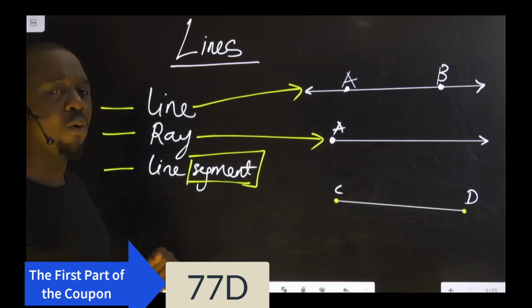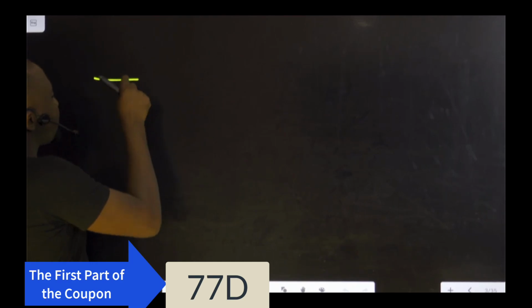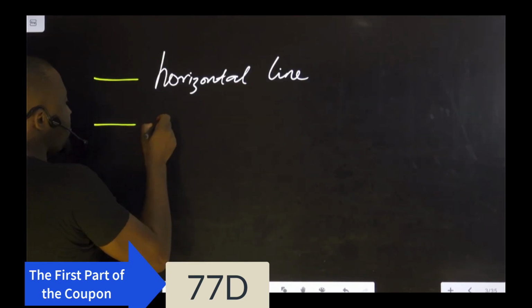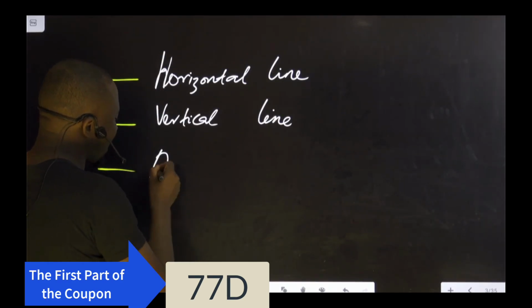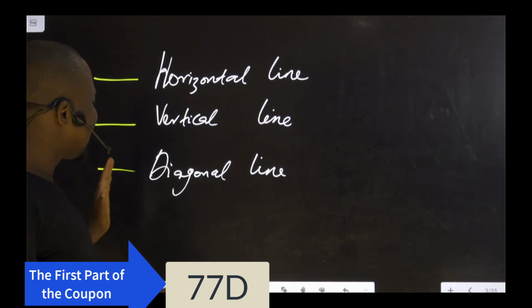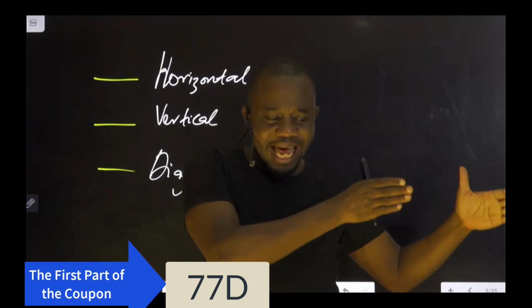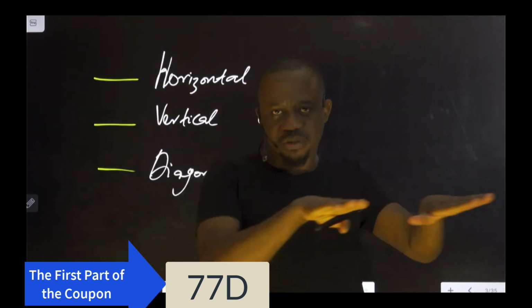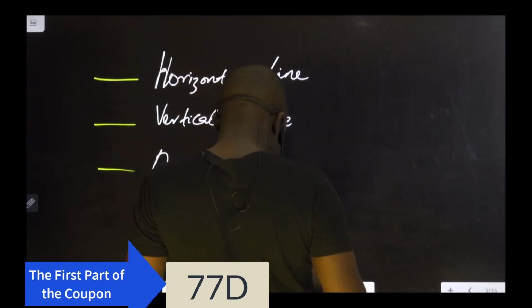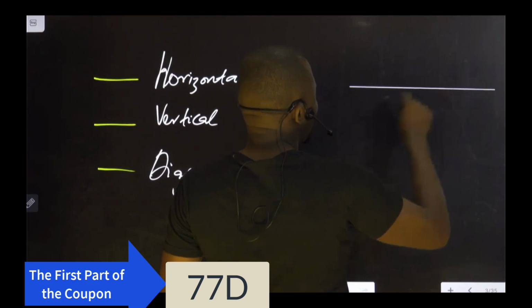This is the first thing I want us to understand in this class. Let's now look at horizontal line, also vertical line, then the diagonal line. So what are the differences? If you have a line that moves from side to side, like the horizon, moving from the left going to the right, this is a horizontal line.